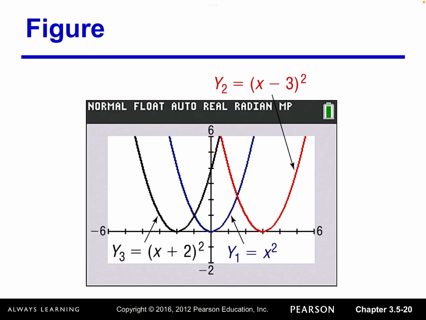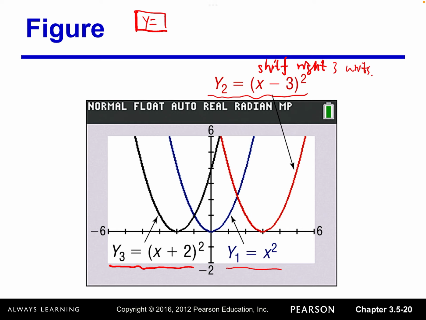If you use a graphing calculator, you can graph multiple functions and then do the comparison. Again, you can use y equals to enter the function. y1 enter x squared, y2 enter x minus 3 squared, y3 enter x plus 2 squared, and then we can clearly see this is shifting to the right-hand side 3 units, right?